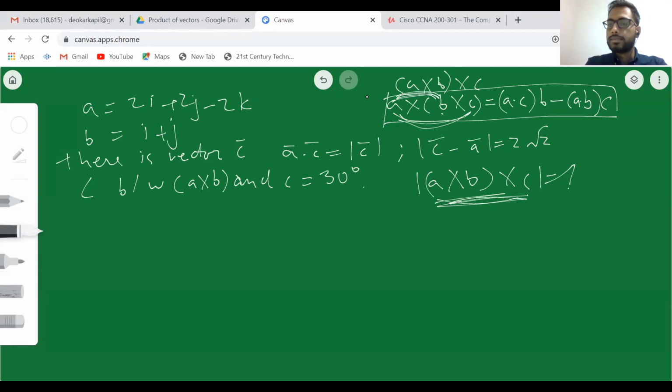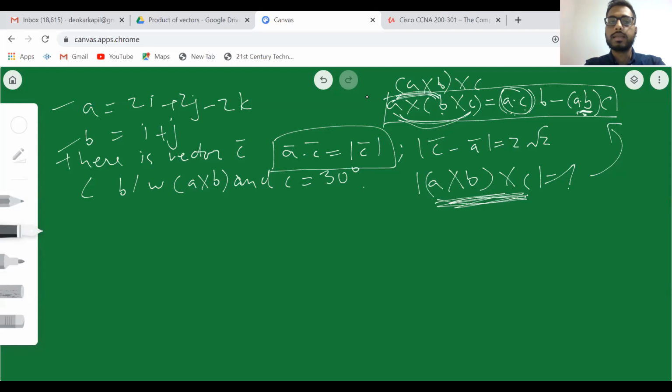In this particular case, we are asked the value of the vector triple product, and the formula is this. What are the values we are going to need? First, A dot C. Luckily, this value is directly given to us over here. A dot C is nothing but the magnitude of C, so I can substitute the magnitude of C directly. I'm going to need another value, which is A dot B, and I can get A dot B from these two terms.